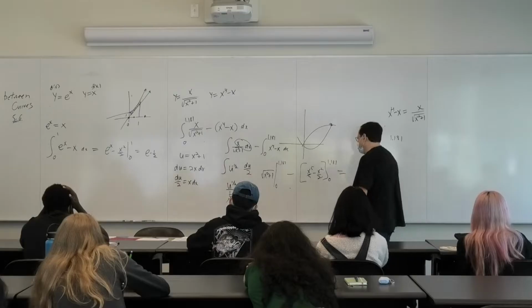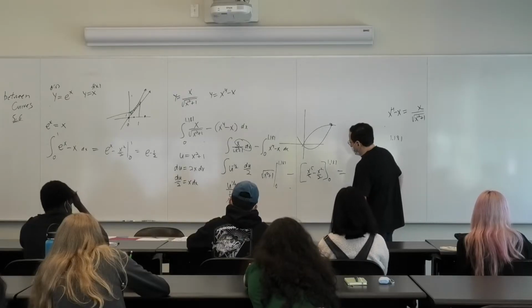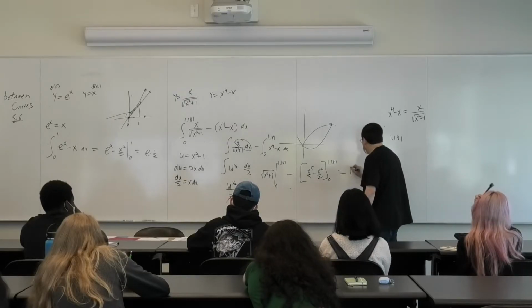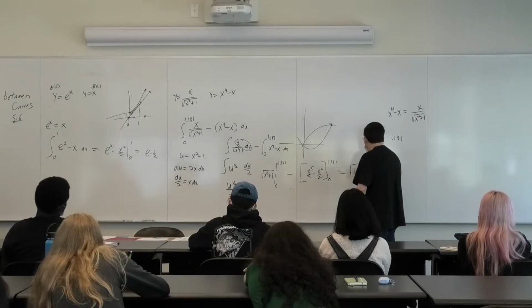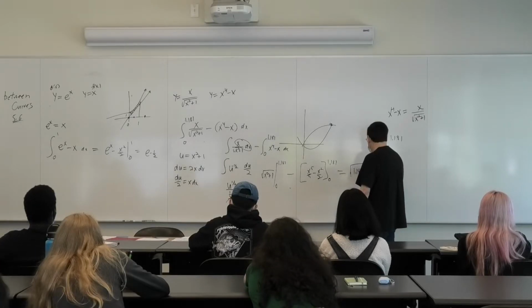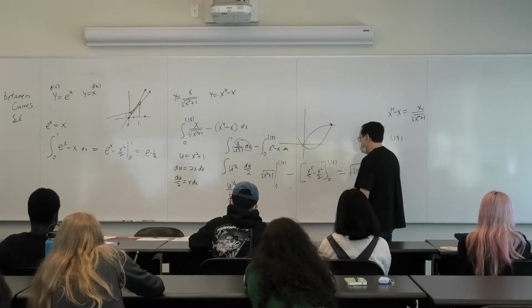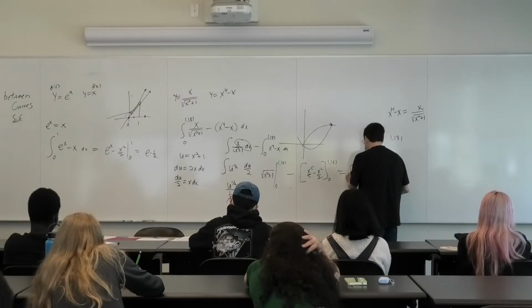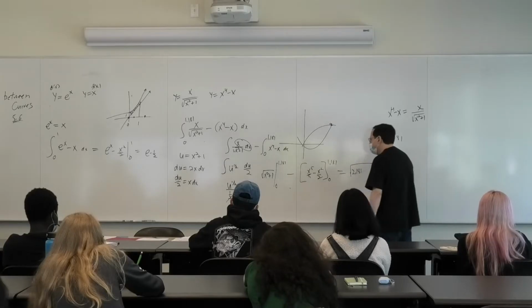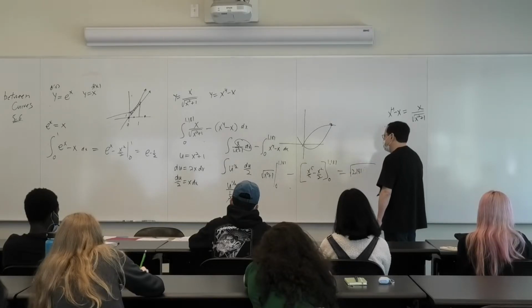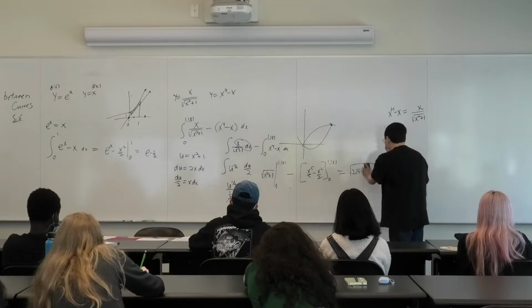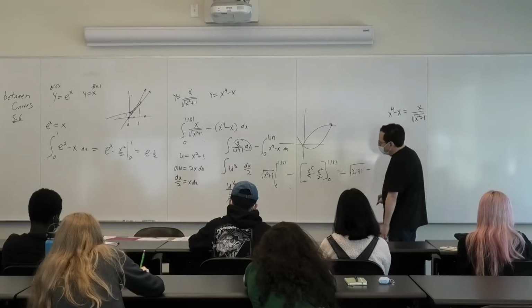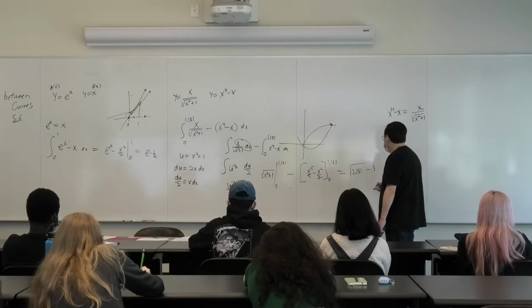So let's just get some, we don't have to take this to the end, but this is the square root of 1.181 squared plus 1, minus 1.